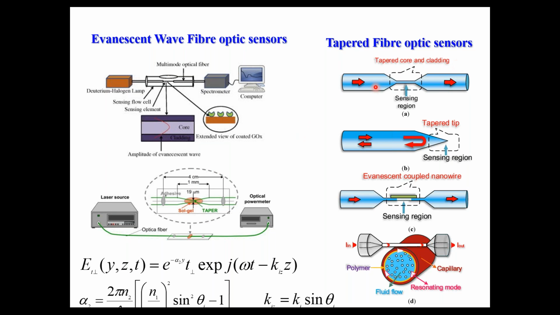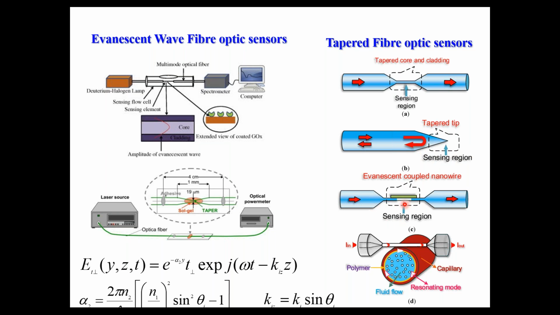Here, a tapered fiber optic sensor, as we mentioned earlier, the tapering is a very good sensing region. Not only do we have to unclad the fiber, but also make it a tapered region. Here is a tapered tip. This kind of tapered tip is also found to be a very good region where the field can interact more efficiently with the external medium.